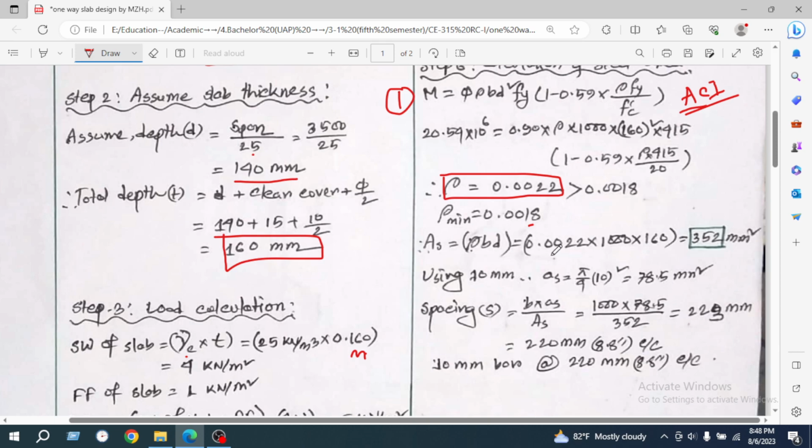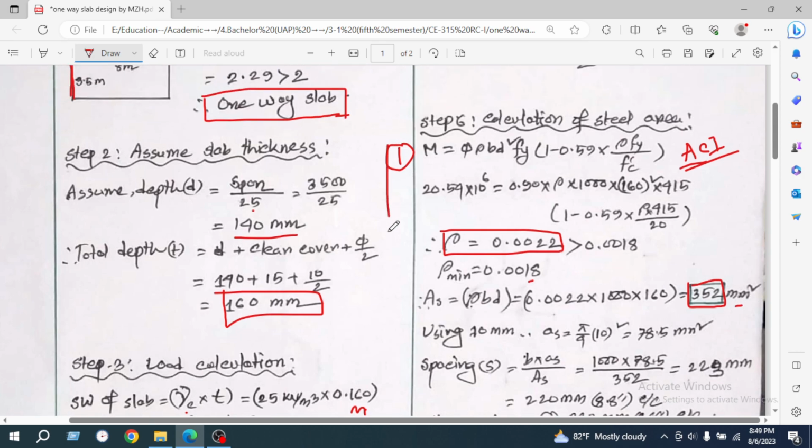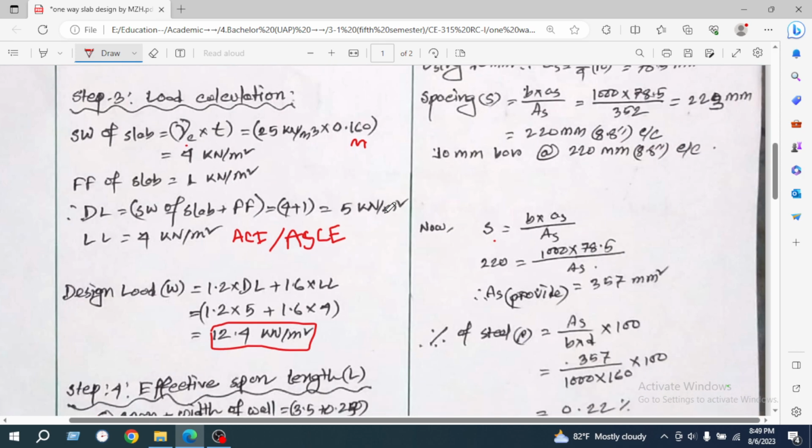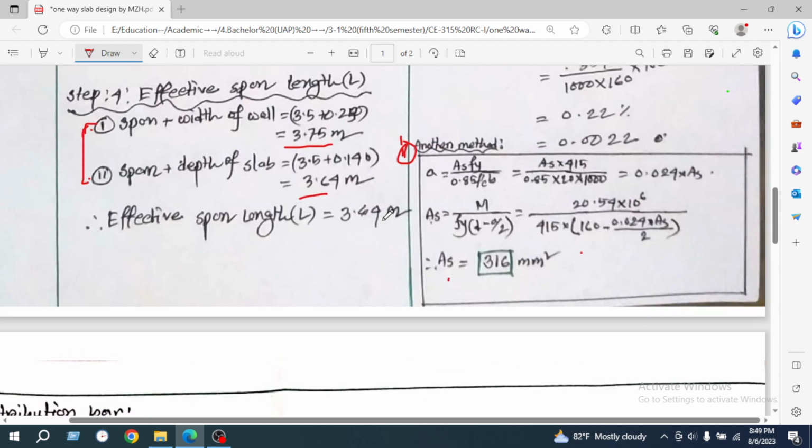So our rho will be 0.0022 and b will be 1 meter, which is 1000 millimeter, and depth is 160 millimeter, and we have found 352 millimeter square. This is method 1, and we will see another method to calculate the value of the steel.